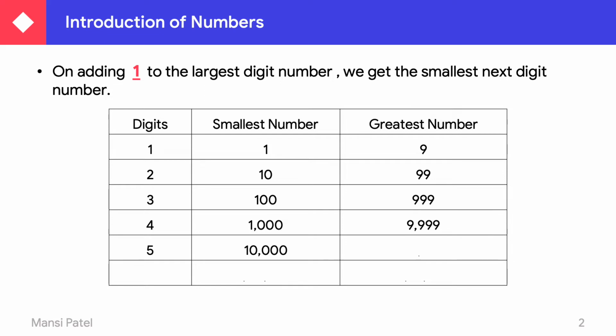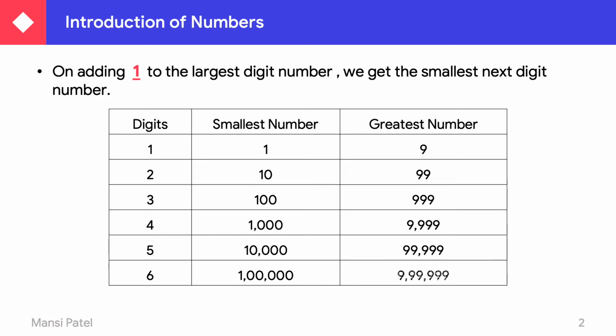So this 10,000 is the smallest 5-digit number and the greatest 5-digit number is 99,999. If we add 1 again to 99,999, then we get 1 lakh, and this 1 lakh is considered as the smallest 6-digit number.